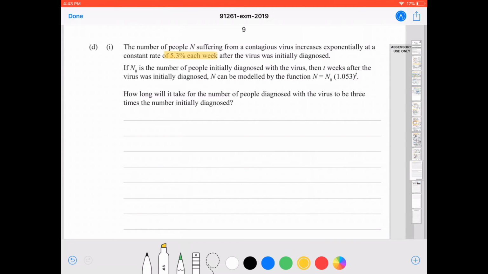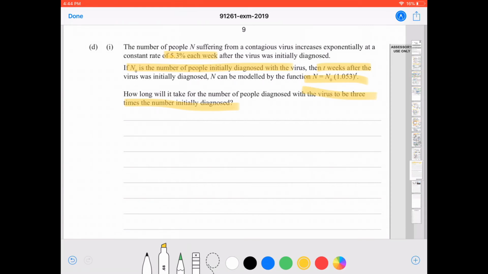If N0 is the number of people initially diagnosed with the virus, then T weeks after the virus was initially diagnosed, N can be modelled by the function N equals N initial times 1.053 to the power of T. How long will it take for the number of people diagnosed with the virus to be 3 times the number initially diagnosed?